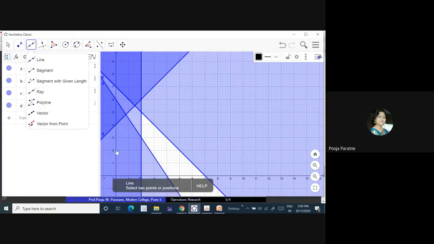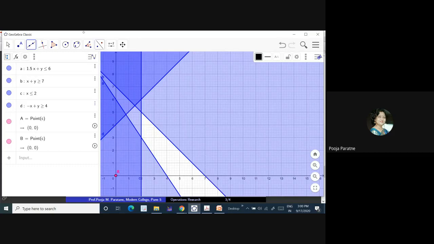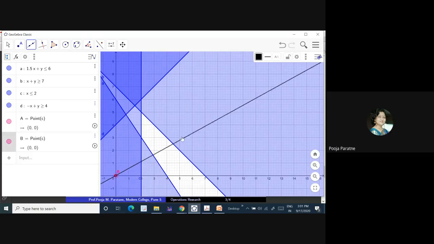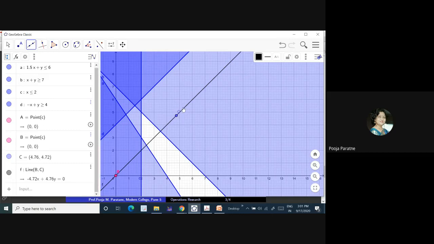Now I am changing the line actually. So suppose I have this line and its common feasible region is again this side. But though we have this line which is a part of the constraints, if this line is not present, then there is no change in the common feasible region.